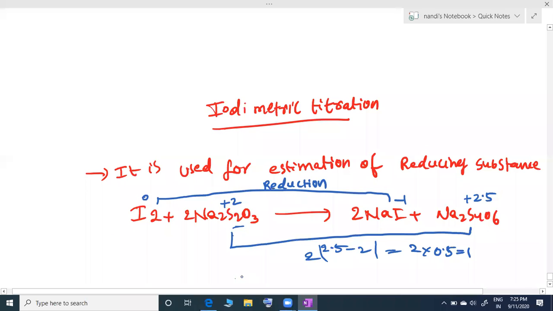Actually, here oxidation occurs. That which undergoes oxidation, we call the reducing agent, and that which undergoes reduction, we call the oxidizing agent. Opposite terms. Here 0 to -1 means the difference is 1, but 2 iodines are there, so into 2 you get 2 as the n factor.